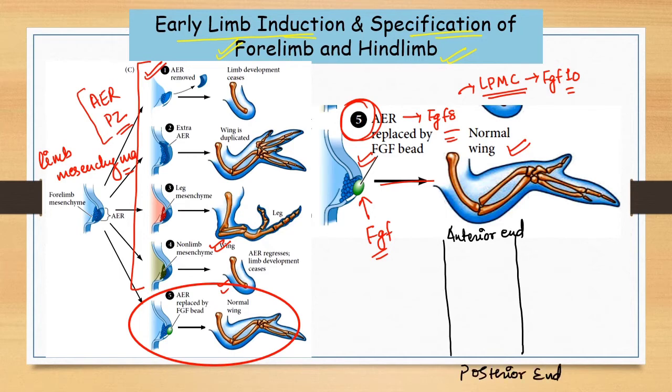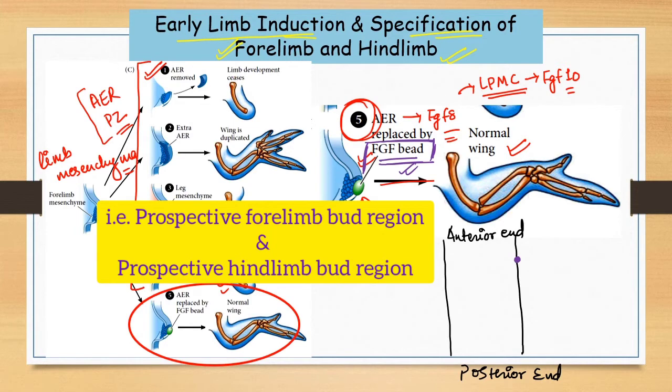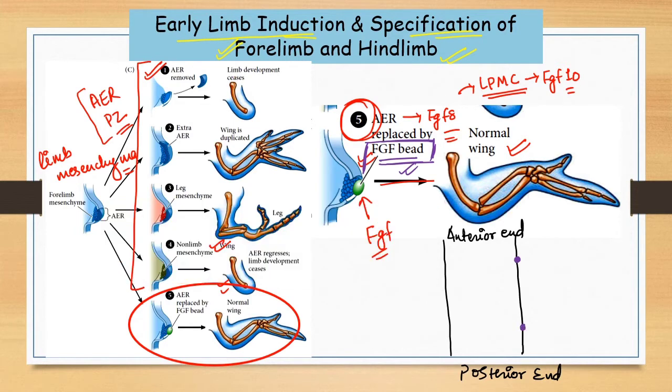So people knew that an FGF bead has the capability to perform the function of AER and help in proper growth of limb. So they used these beads for early induction of limb. Suppose this is the region where forelimb will be formed and this is the region where hind limb will be formed. They started inducing the limb early in these places. They inserted FGF beads in the forelimb area, the prospective hind limb area, and regions in between these limb buds.